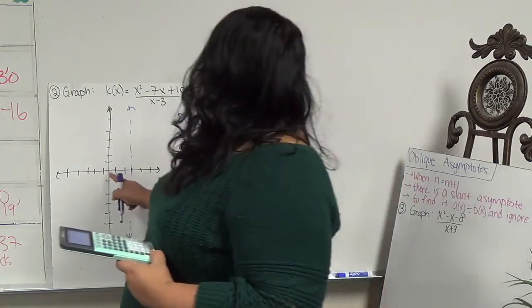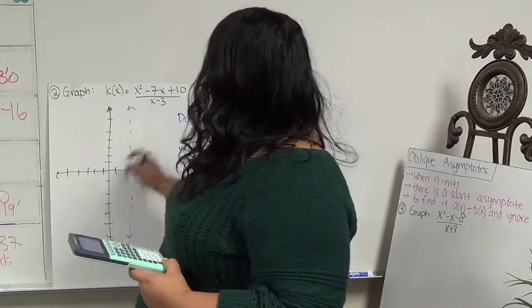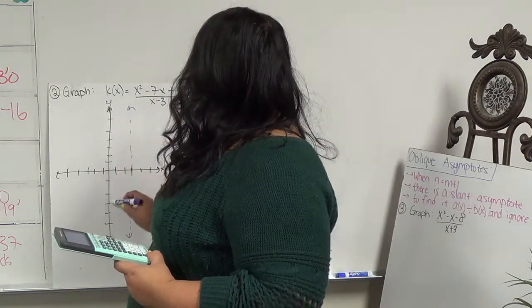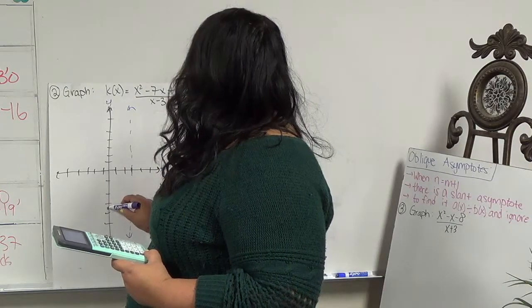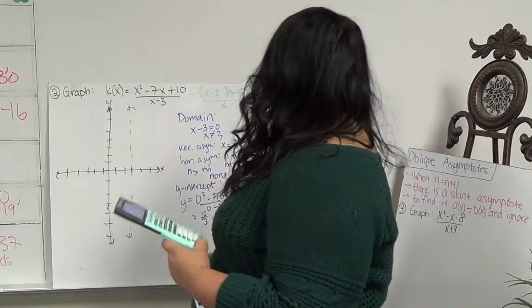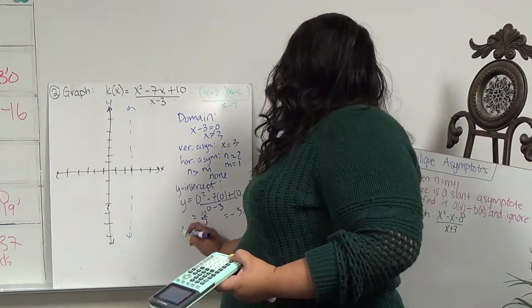So around negative 3.3, we hit the y-intercept. Here's x, here's y. There it is. Okay? And then the x-intercept.